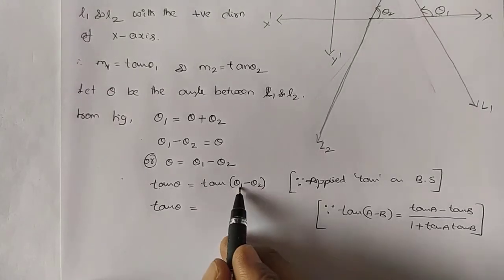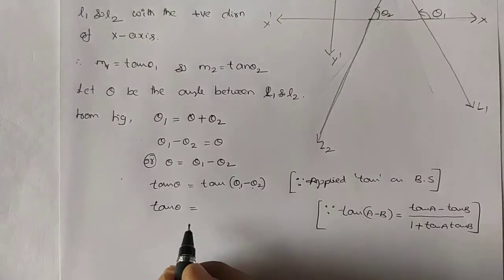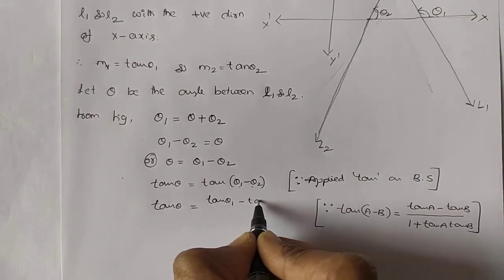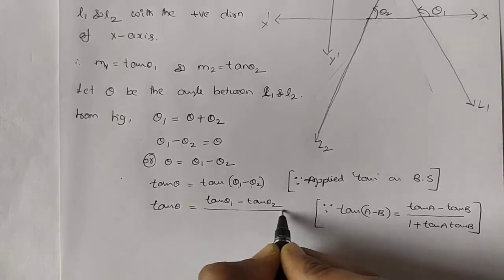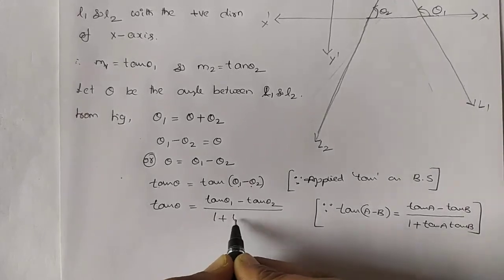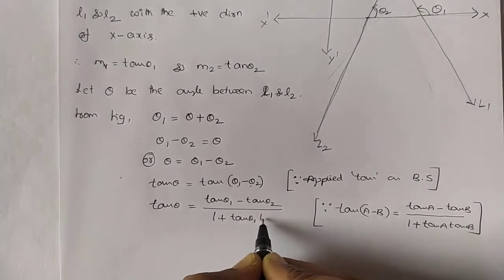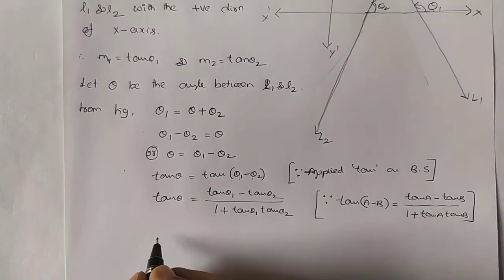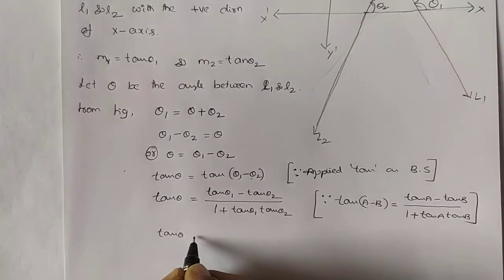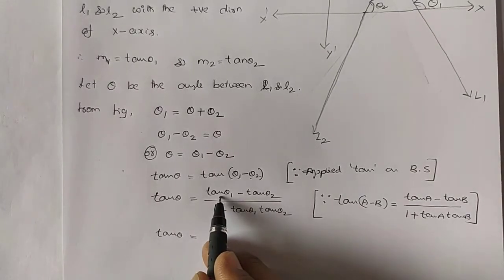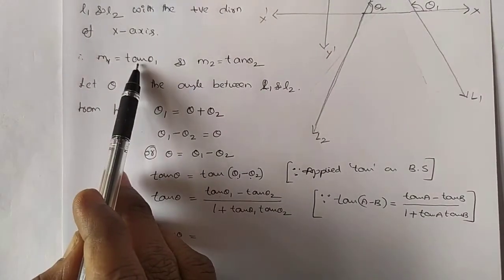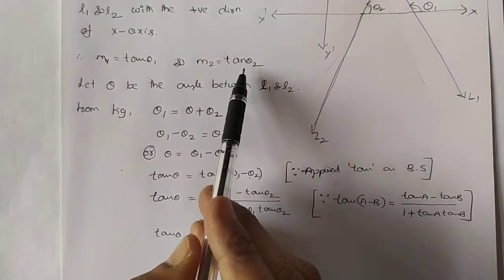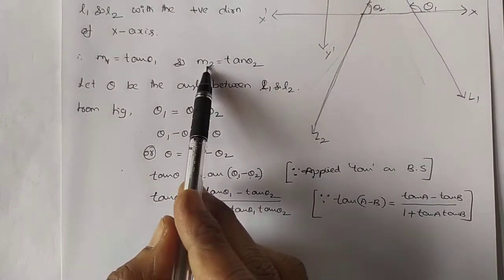Now tan of theta 1 minus theta 2 is tan theta 1 minus tan theta 2 divided by 1 plus tan theta 1 tan theta 2. Okay, next, tan theta 1 is what? M1. Tan theta 2 is what? M2.